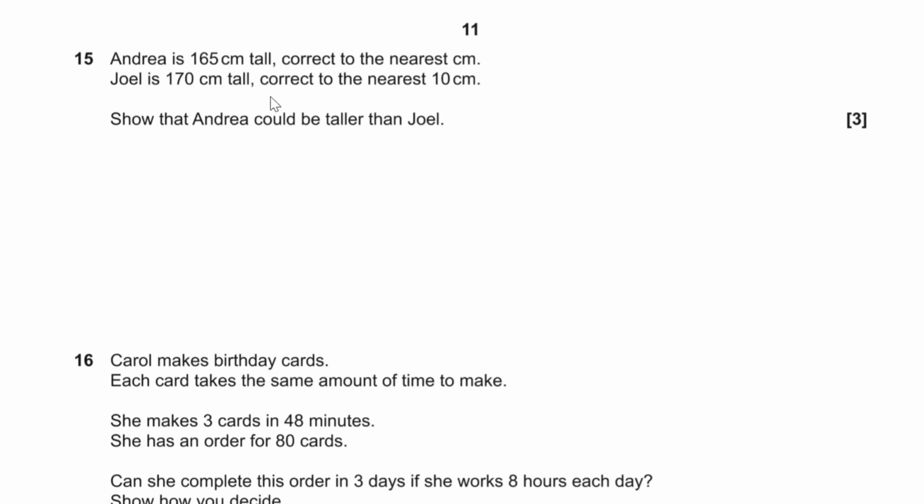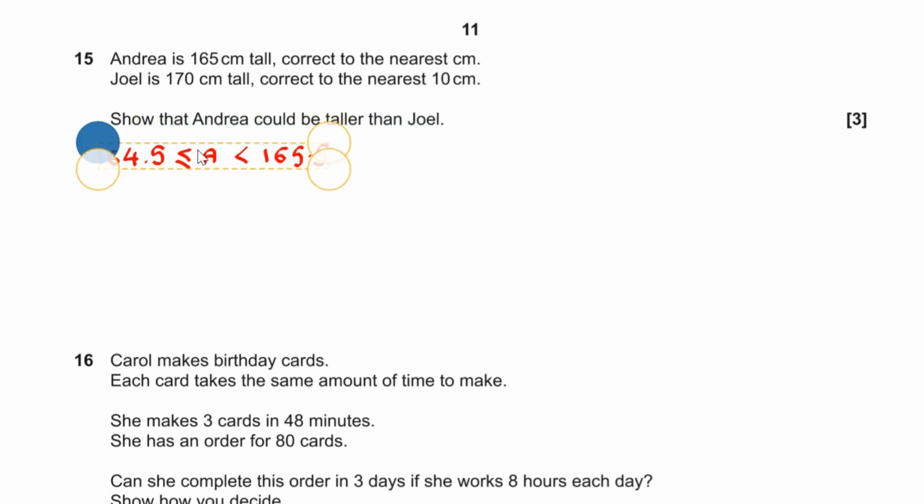Well, if we consider the interval for Andrea's height, if it's to the nearest centimeter, we'd have 164.5 being less than or equal to his height being less than 165.5. So this is for Andrea.